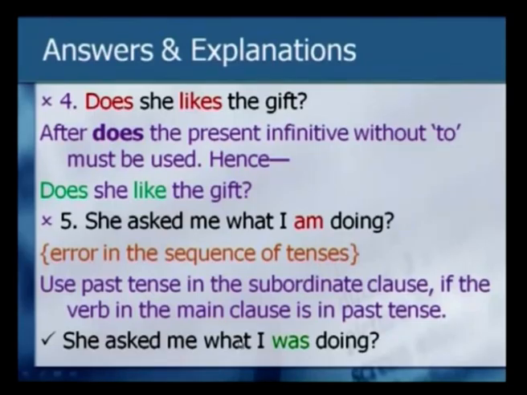So, the correct form will be she asked me what I was doing, because this past form agrees with the past tense before in the main clause, that is asked. Shall we go to the next example?